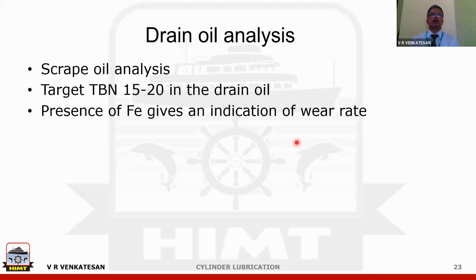If you are renewing the piston ring every 24,000 hours, you can calculate the distance traveled by the piston ring before it is renewed, and you'll find a very, very surprisingly high value. So that is what our technology has managed to achieve: in spite of all these difficulties, it is possible to prolong the life of the liner and ring very long.